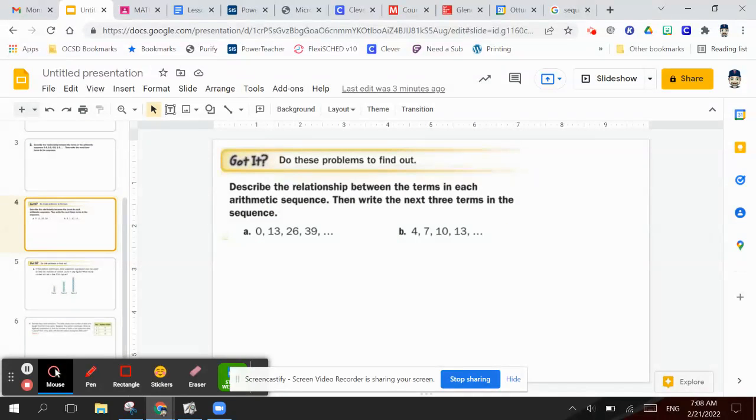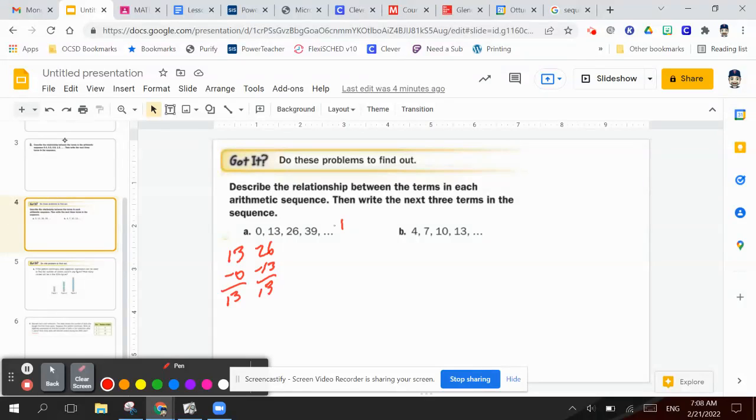So here's 2 more got it problems. We're going to, again, describe the relationship and then write the next 3 terms. So for letter A, I have 13 minus 0 is 13. 26 minus 13 is 13. So since my numbers right here are the same, I'm going to stop.